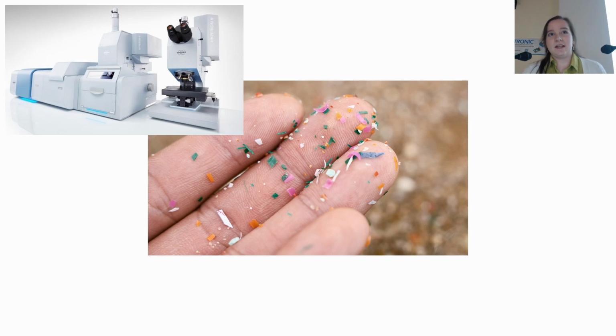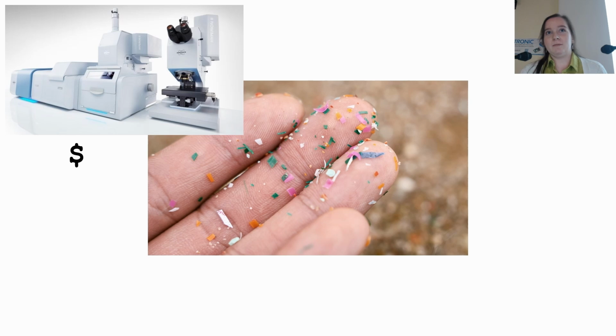The only downside is that they're quite expensive, with the instruments costing tens of thousands of euros. While that might be a suitable solution for a research lab in Ireland or Europe, for example, there are many places around the world that will not be able to afford tools like these. And microplastic pollution is a global problem, so if we want to tackle it, we need globalizable, scalable solutions.